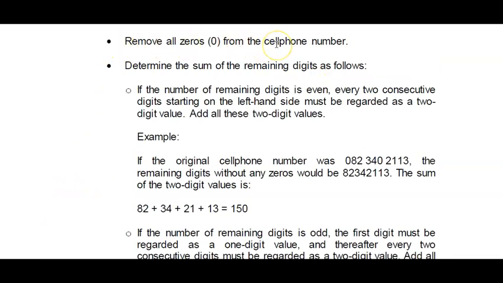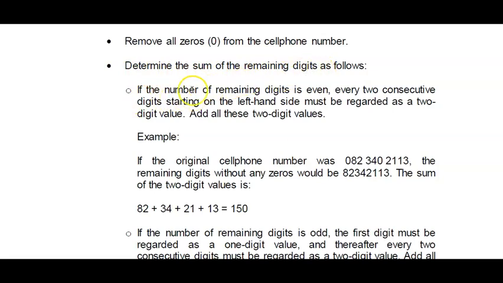First, you need to remove all the zeros from the cell phone number. So what I suggest you do is press pause and just do that for now, storing that answer as a string, as a local variable for that function. Then we have to determine the sum of the remaining digits.